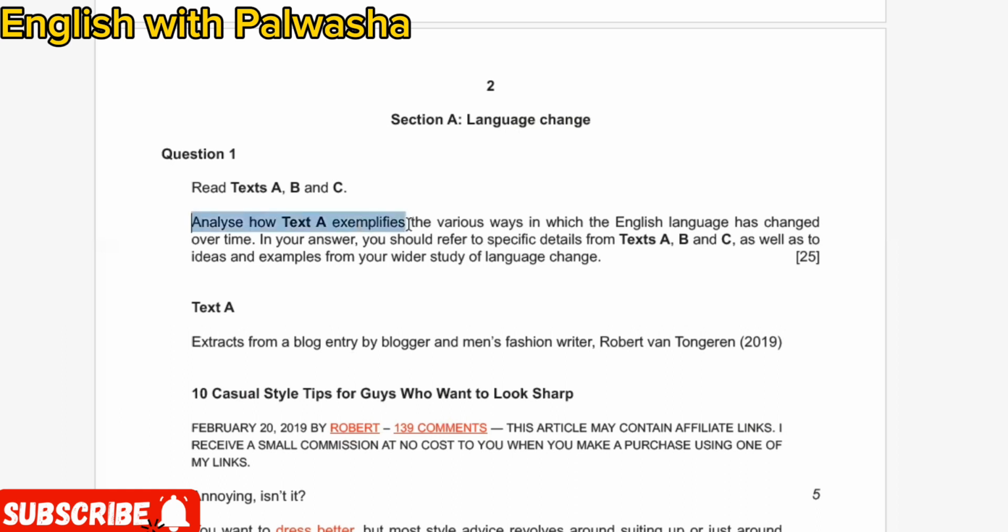We have to exemplify the various ways in which the English language has changed. And I told you already it has changed over time. First, we have to point out the things we are going to embed in our written piece. We have to exemplify the various ways in which the English language has changed. Secondly, we have to refer to the specific details from all the three texts.